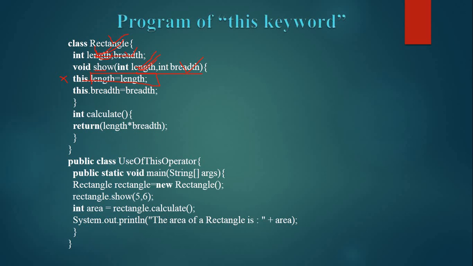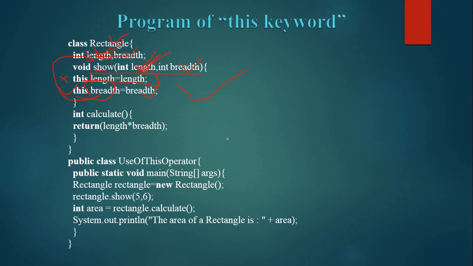So for that we use the this keyword. This.breadth means our parameter value will be assigned to this.breadth, that is, the breadth which is declared in the class. So by the this keyword we can remove our conflicts in the method.